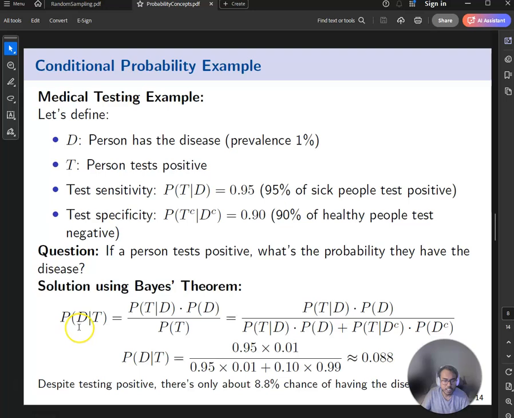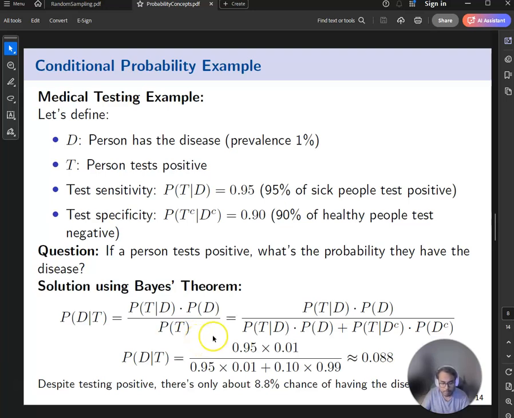So the probability of D given T is the probability that the person tests positive given they have the disease, times the probability that the person actually has the disease, whole divided by the probability of testing positive.